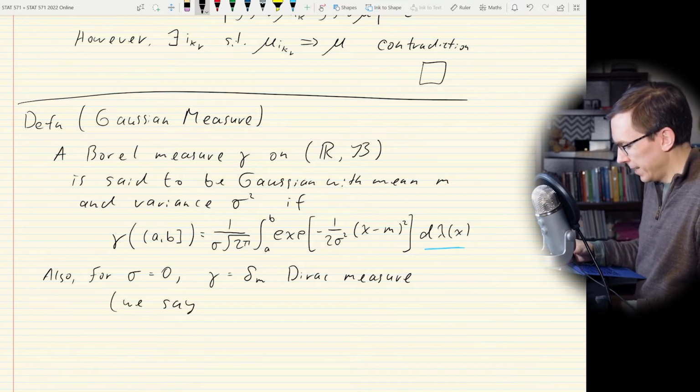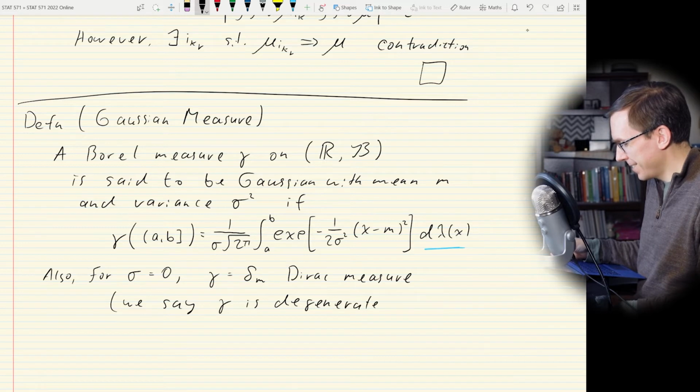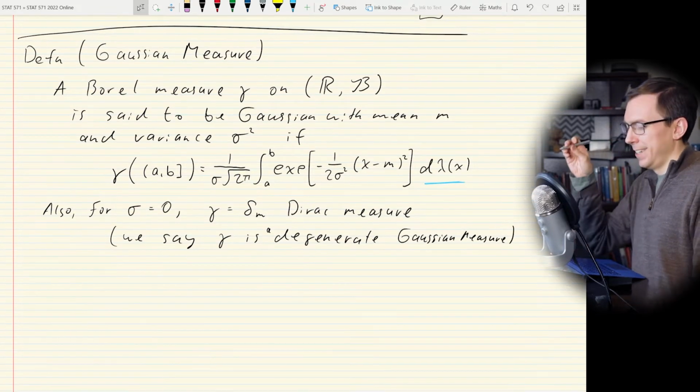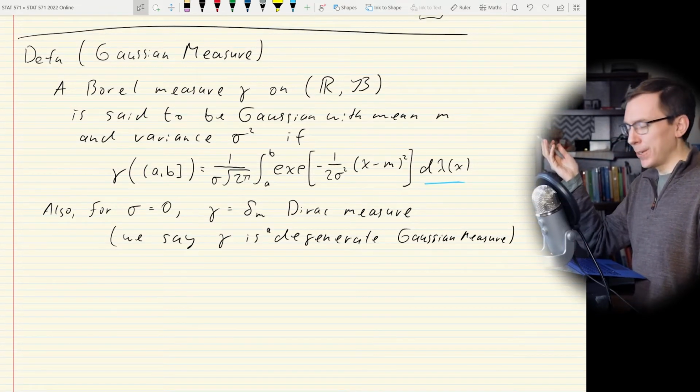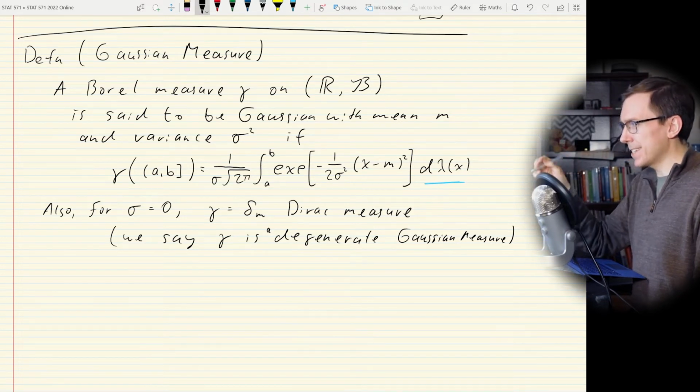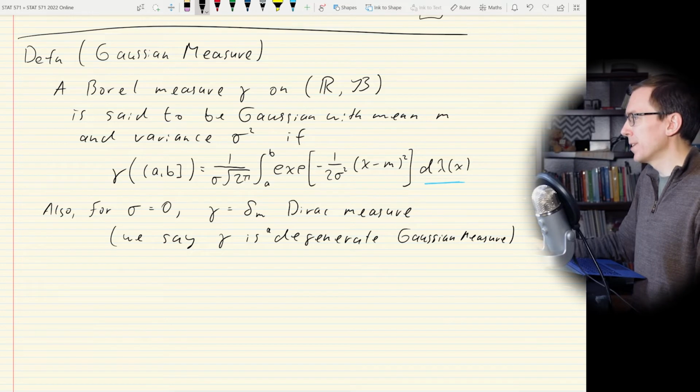We say gamma is a degenerate Gaussian measure in this case. So there we go. We can take the idea of a bell curve and consider it as a measure on all of the Borel sets over the Borel sigma field.